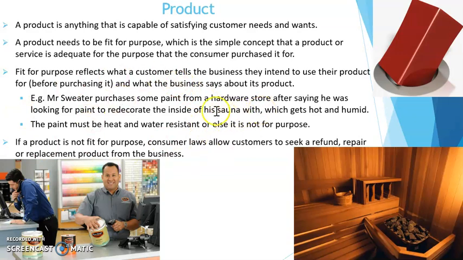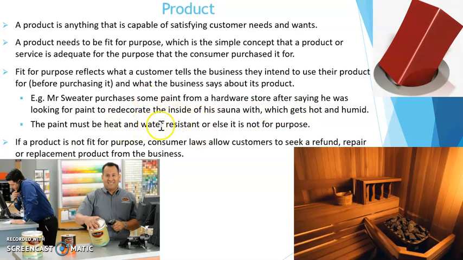We've got that example of Mr. Sweater, who has a sauna that he's looking to paint the interior of. Going into the store, if he says that he needs a paint that is suitable for a hot and humid environment, the business must provide him with a paint that is heat and water resistant.